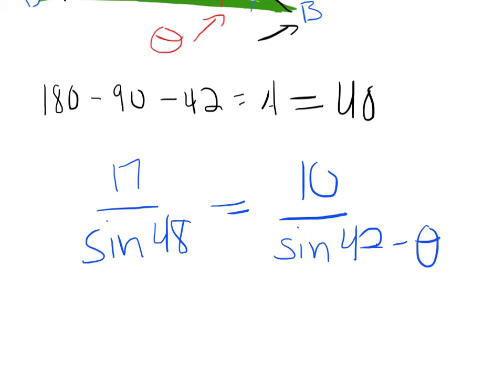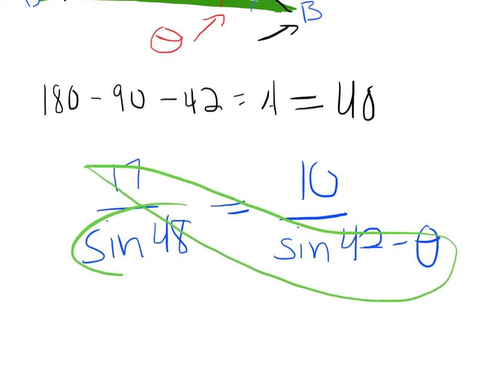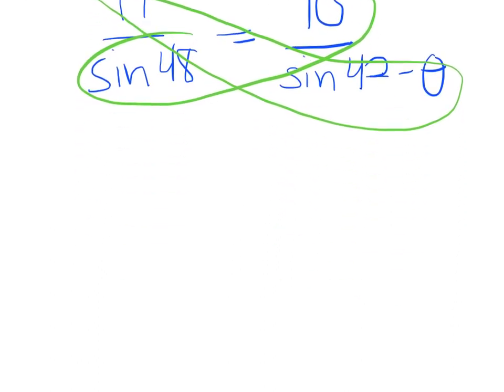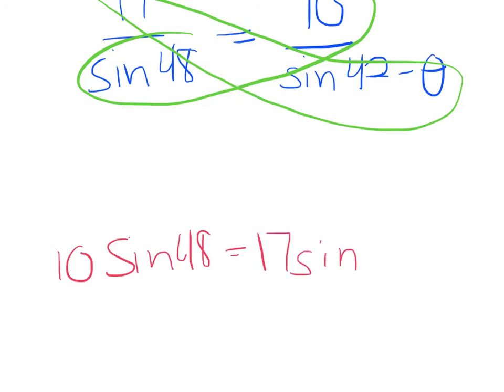So what I did next is I cross multiplied right here, and I got the sine of 48 times 10 equals 17 times the sine of 42 minus theta.